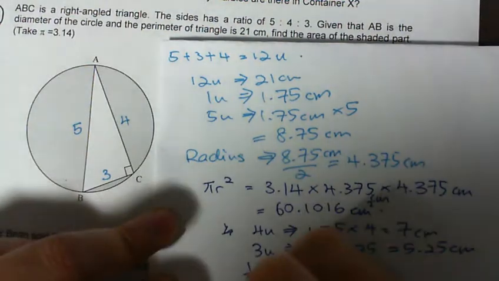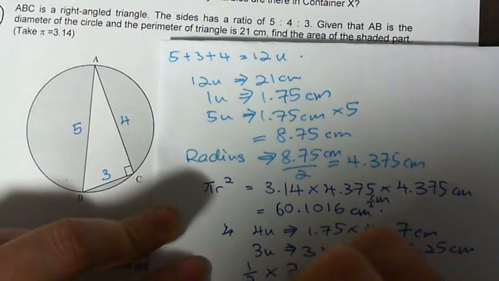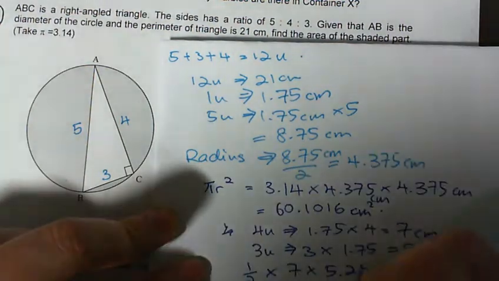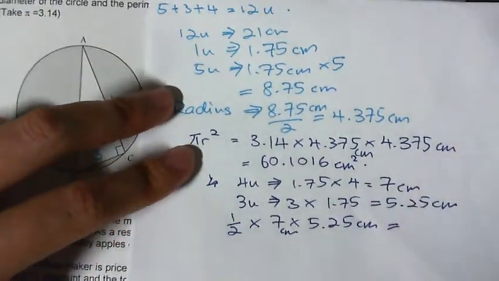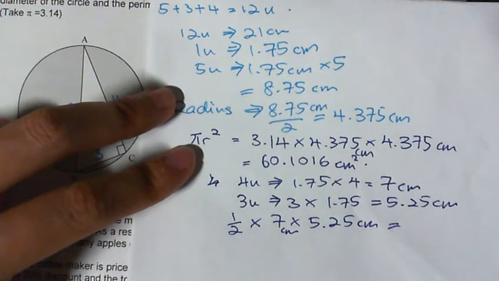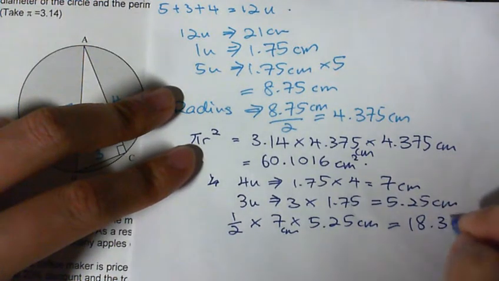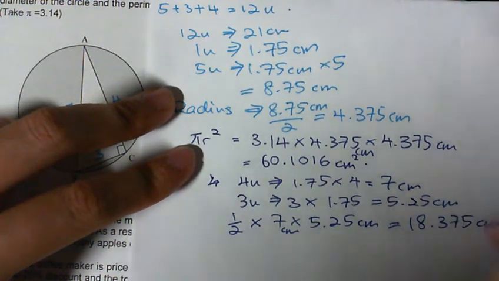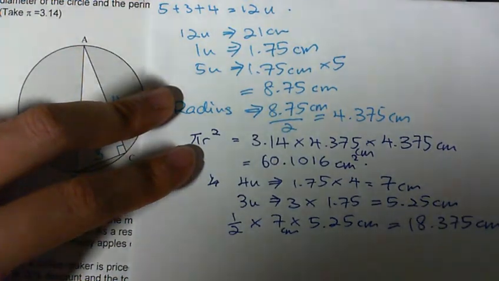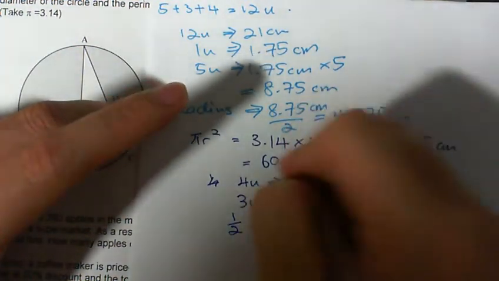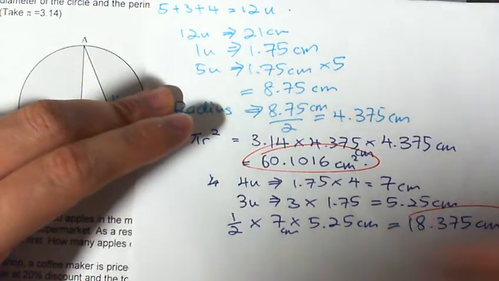So the triangle is half times 7 times 5.25, oh, forgot my cm, equals 18.375 cm square.